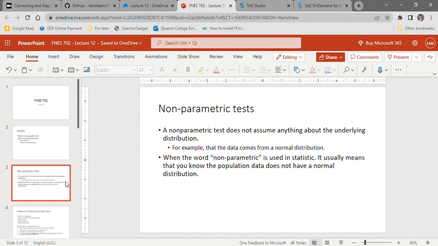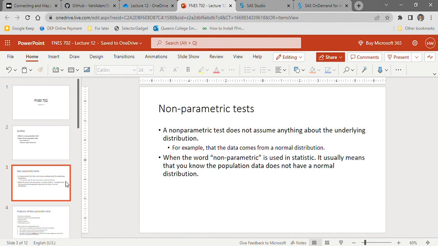The simple answer is, if the assumption is violated, then just use the non-parametric counterpart. What do I mean by that? You'll see in about 2 slides when I show you the grid, but ultimately, if any of the assumptions are violated, there is an equivalent test that you can run.